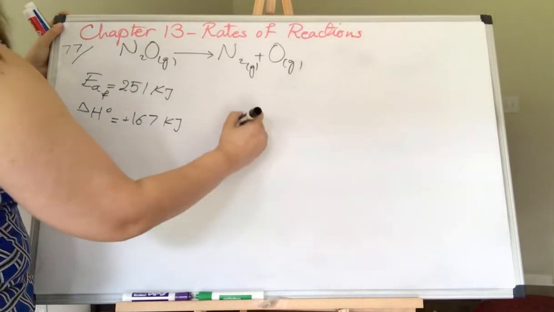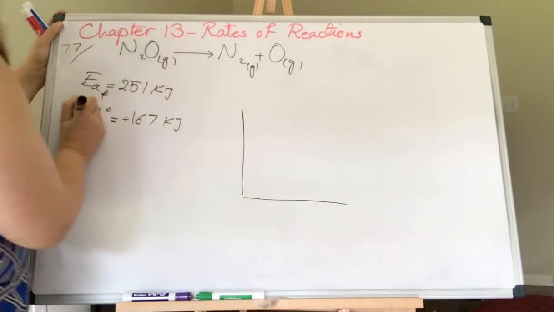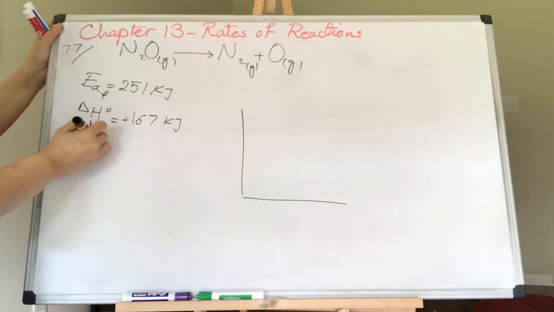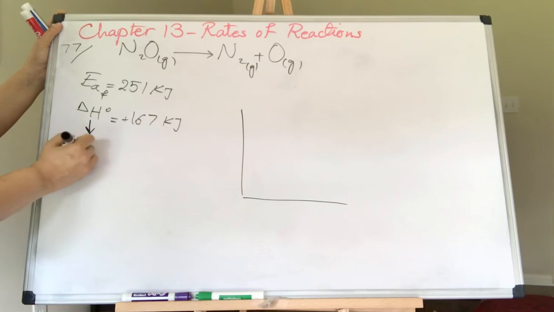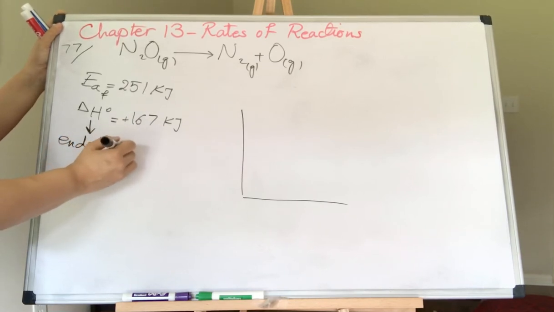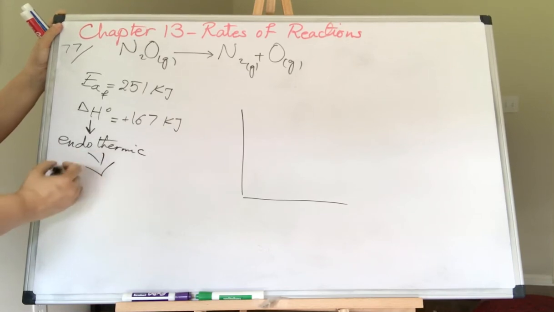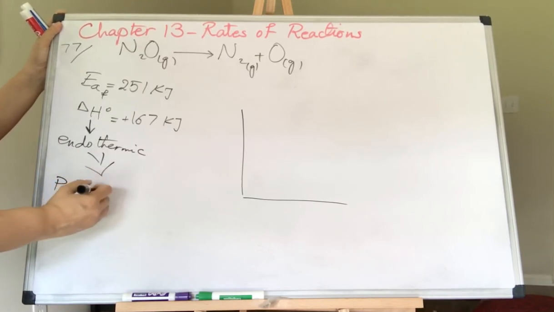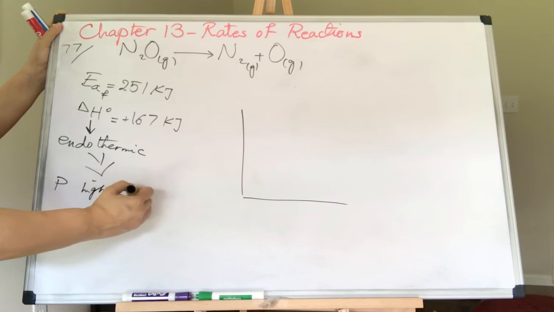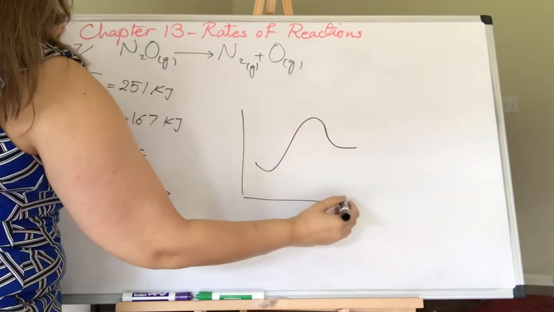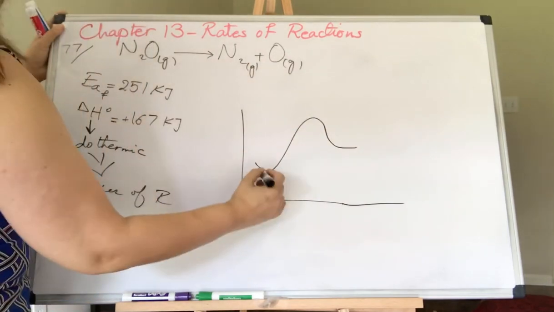So, first, from CHEM-1 we know when delta H of a reaction is positive, it's an endothermic reaction. The reaction has absorbed heat, so the level of products is higher than that of the reactants. So we are safe to say something like this happened.